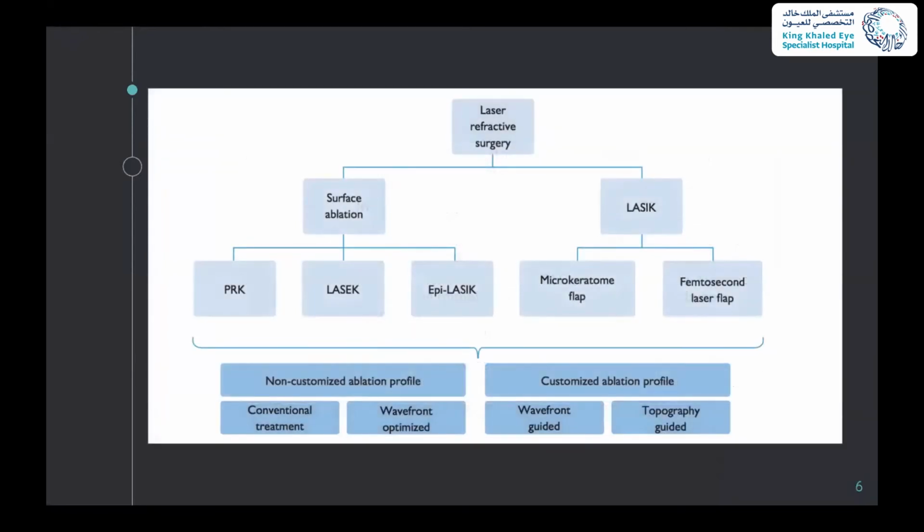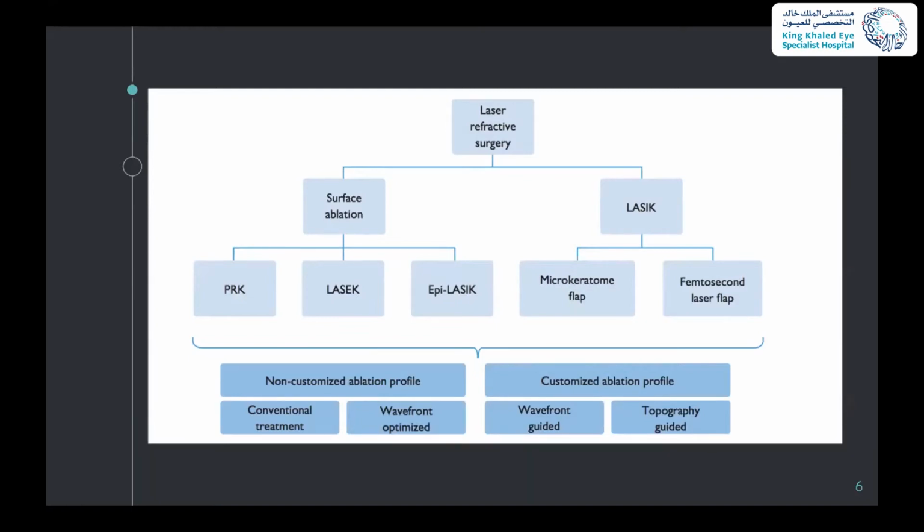Today I'm going to speak about the most common refractive surgery, either surface ablation or LASIK. Surface ablation or LASIK, they undergo an ablation profile by the excimer laser. This ablation profile could be customized for a specific patient, or not customized for the patients.